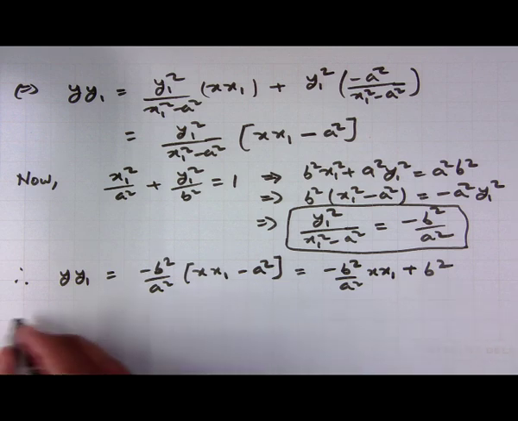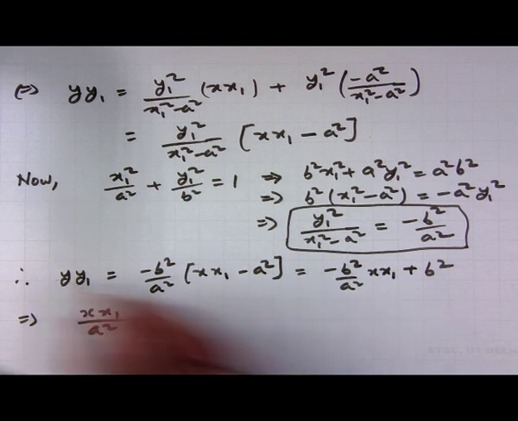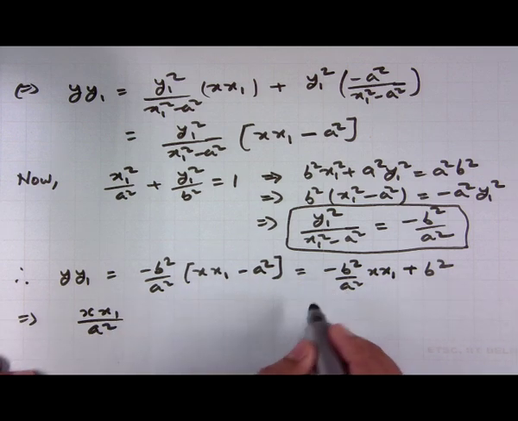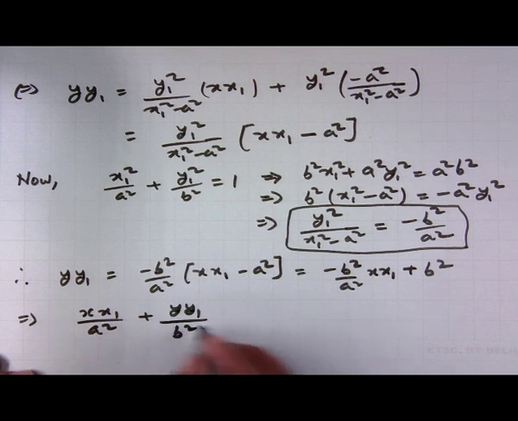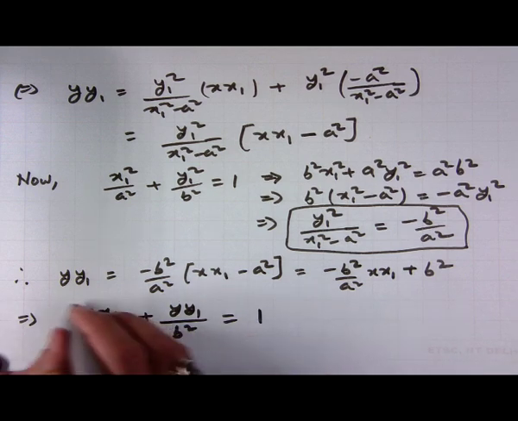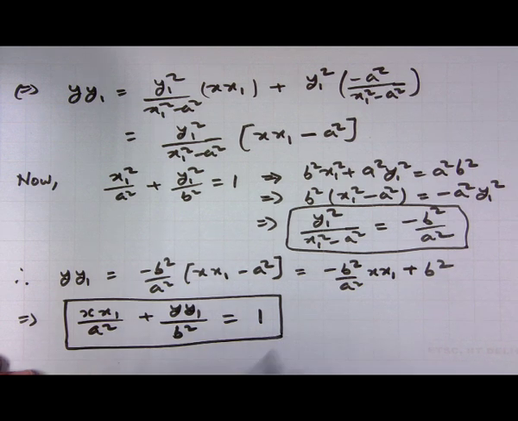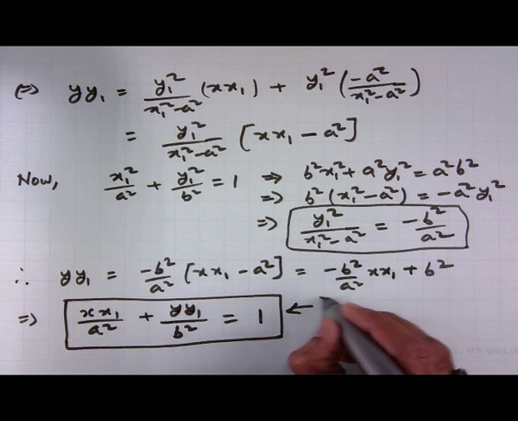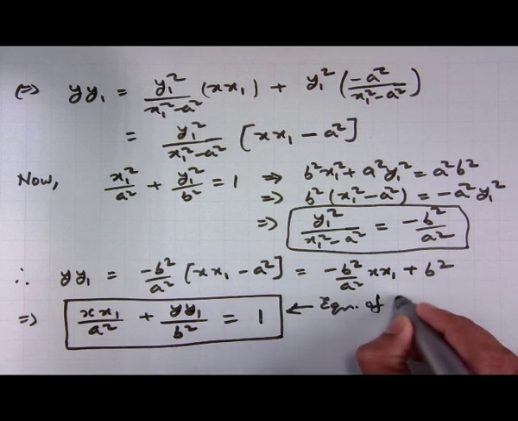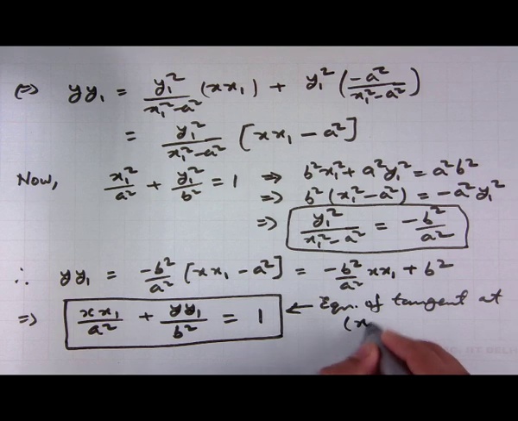So, this we can rewrite: by dividing the above equation by b square, we get x1 x by a square plus y1 y by b square is equal to 1. So, we will remember the equation of the tangent line at point x1 y1 to the ellipse in this form. So, this is the equation of tangent at x1 y1.